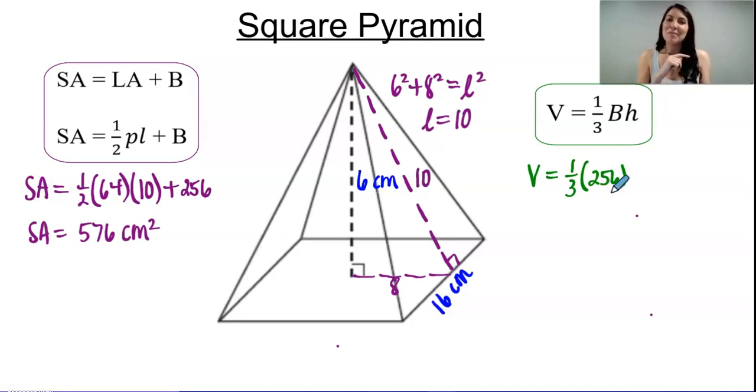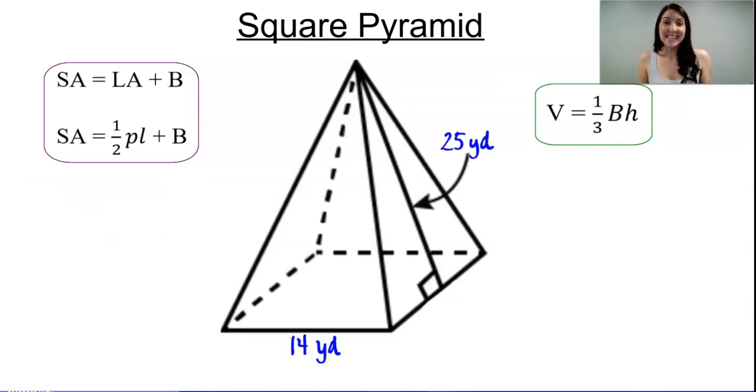Then times the height, and the height given to us in this problem was 6. Multiplying those together gives us 512 square centimeters.